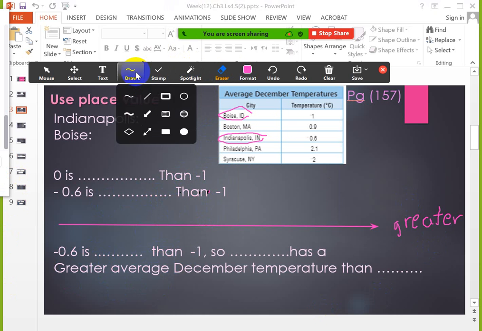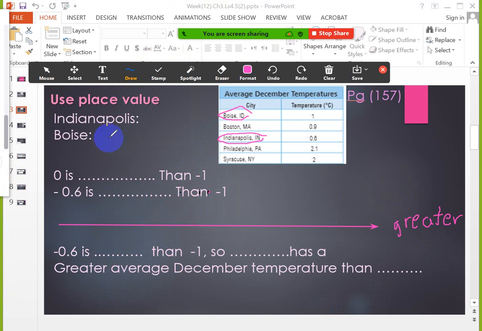I will write the answers by using place value. You can use place value also to compare between two numbers.